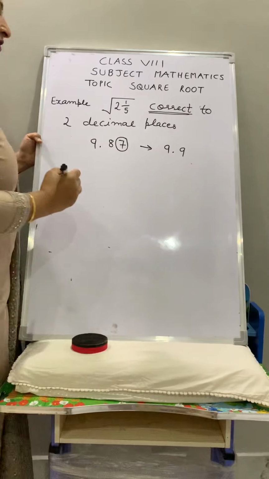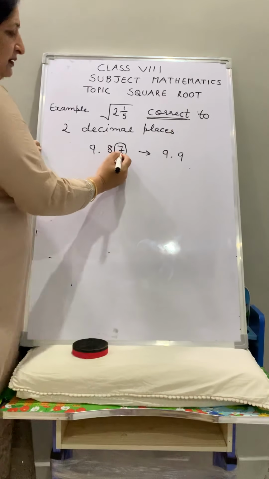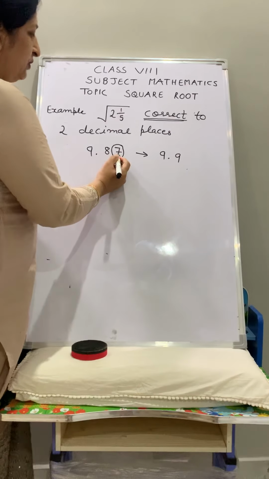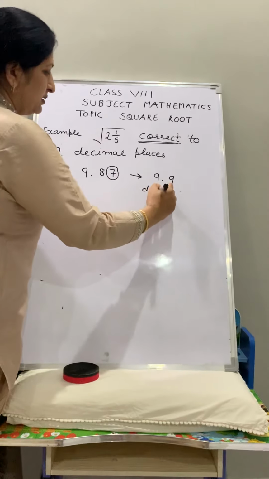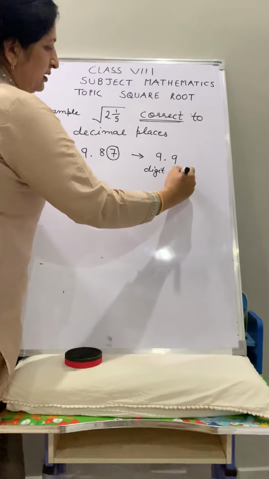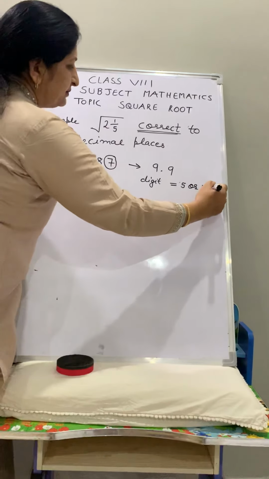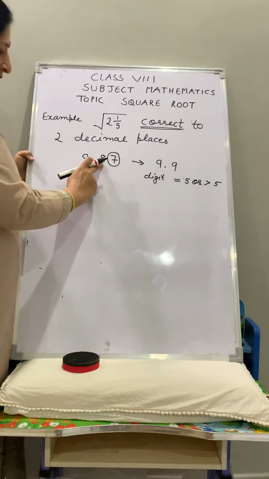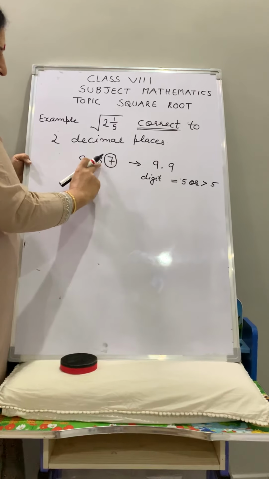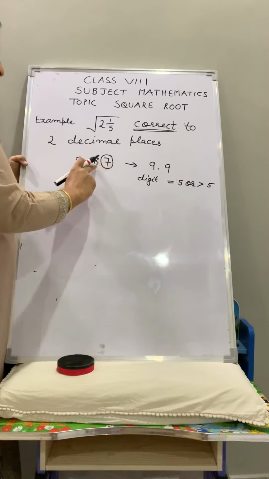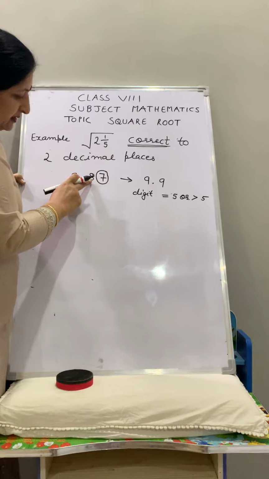How? You have to observe this digit. If it is greater than or equal to 5, then you will increase 1 to the previous digit. The encircled digit is 7, the previous digit is 8.